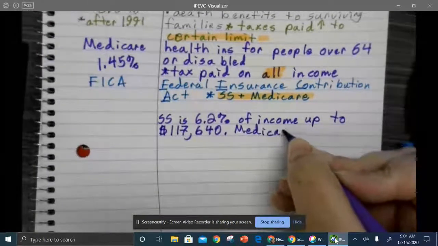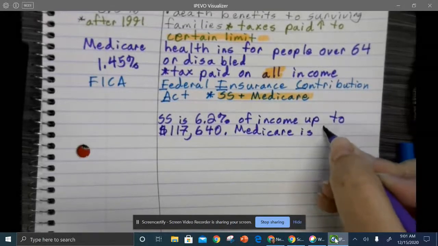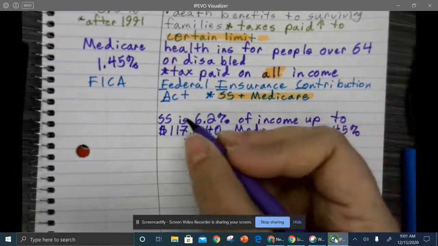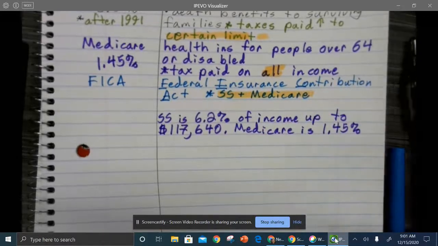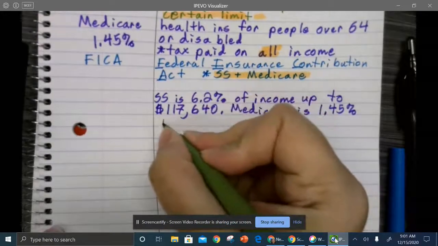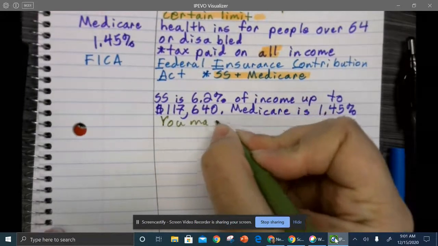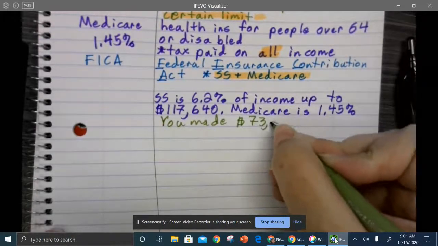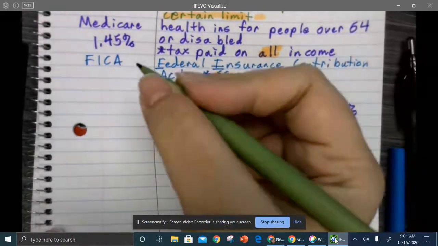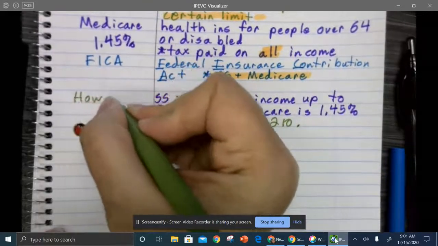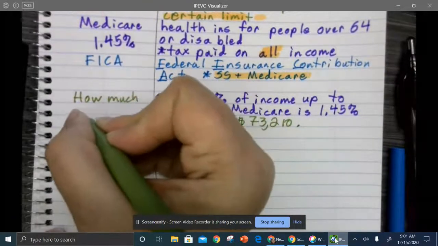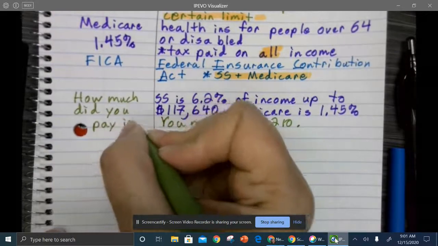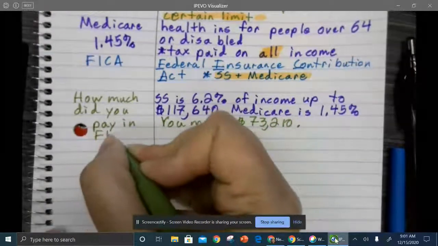Medicare is 1.45%. Okay. You made $73,210. Okay, and we want to know how much did you pay in FICA taxes.